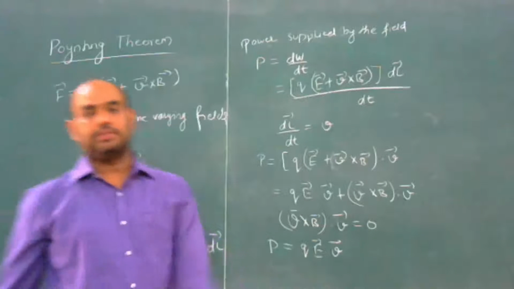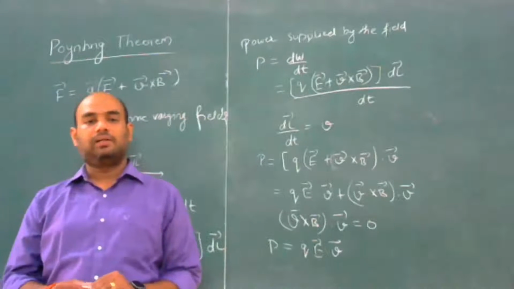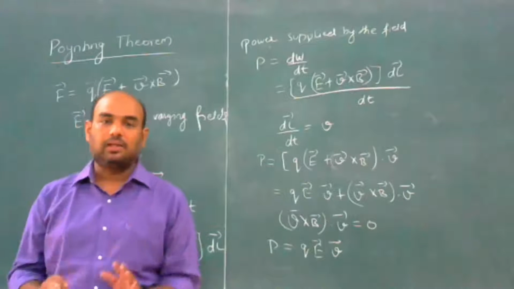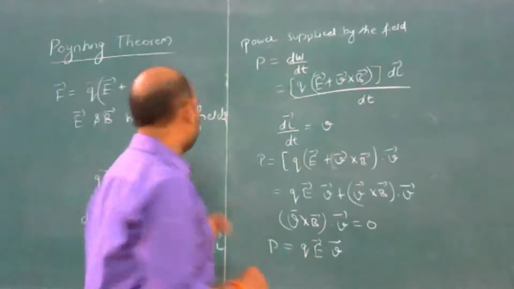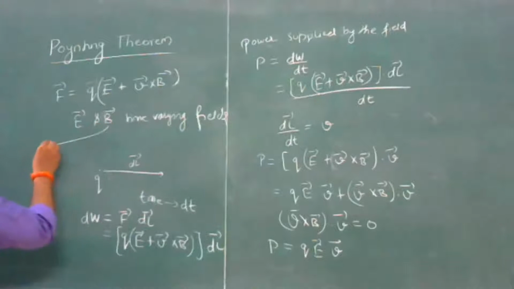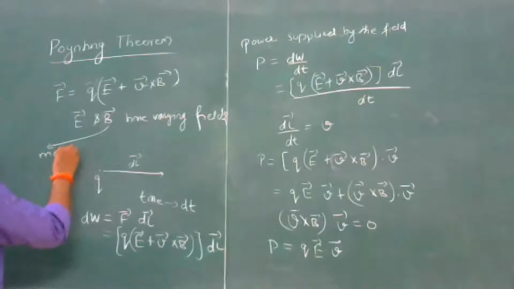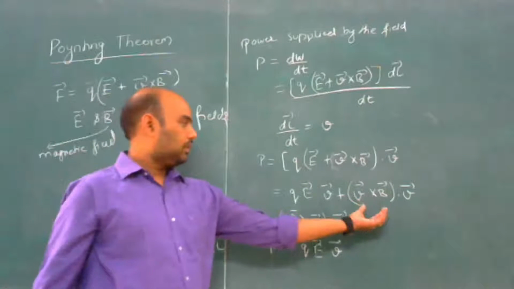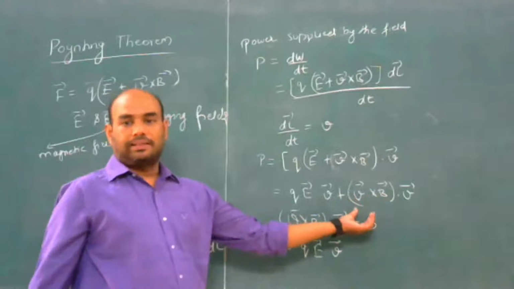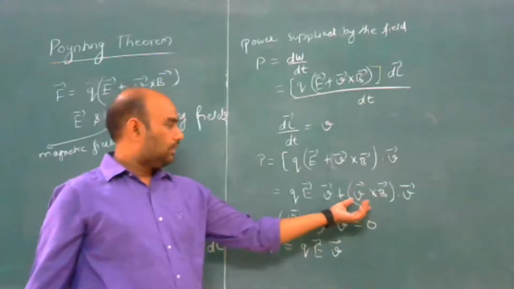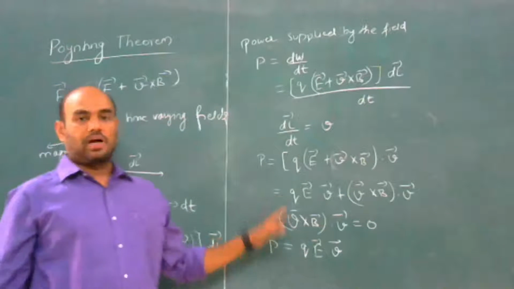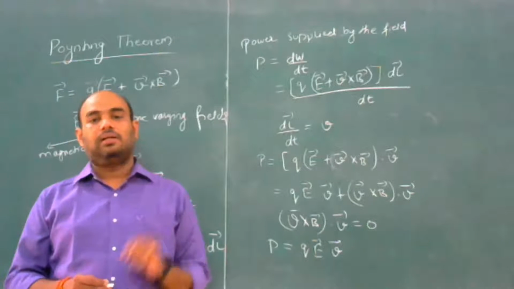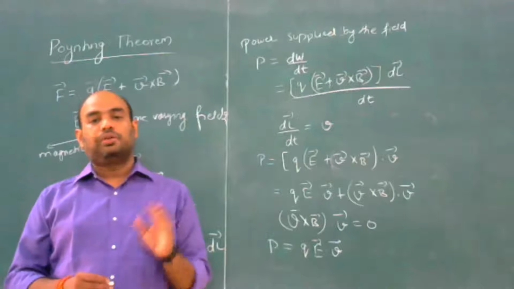From this equation it is evident that a time varying magnetic field does not supply any energy to the charged particle. Only the electric field intensity supplies power to the charged particle as it moves through the region.